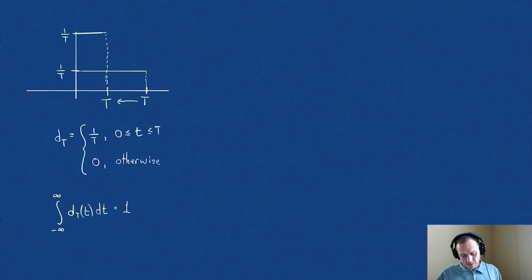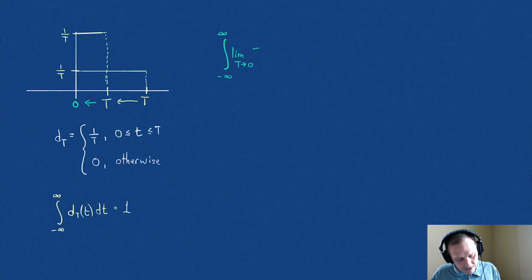The question then becomes, what happens as T goes to 0? Right back here, 1 over T just becomes infinite. Another way of looking at this is the integral from negative infinity to infinity of the limit as capital T tends to 0 of d sub T of t dt, and this is another way of looking at the delta function.